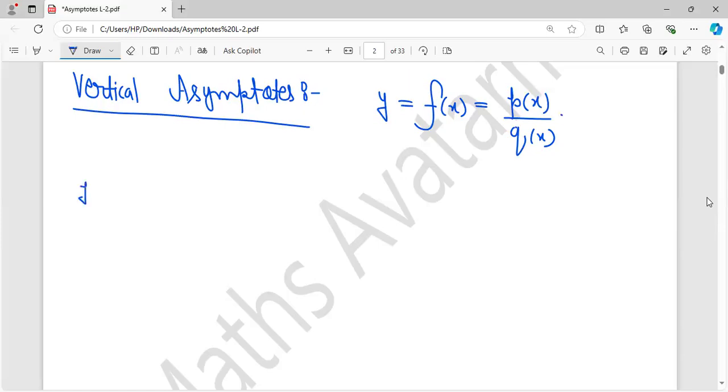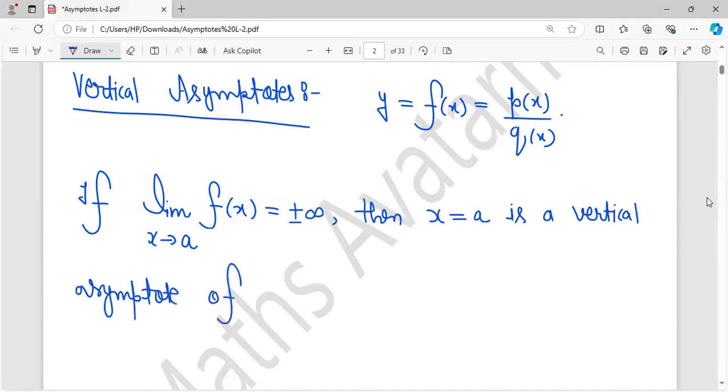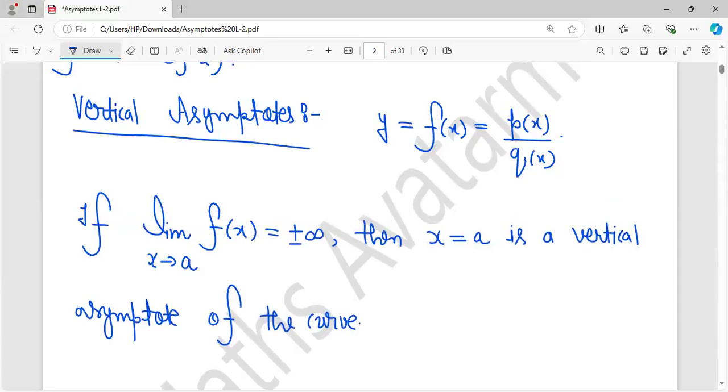If the limit as x tends to a of f(x) is equal to plus minus infinity, then x = a is a vertical asymptote of this curve. So this is the process of finding vertical asymptote.